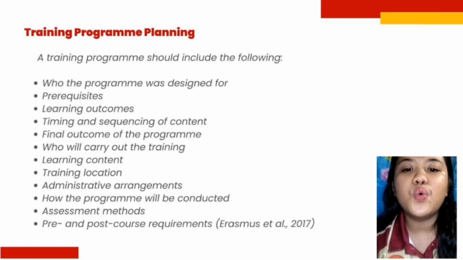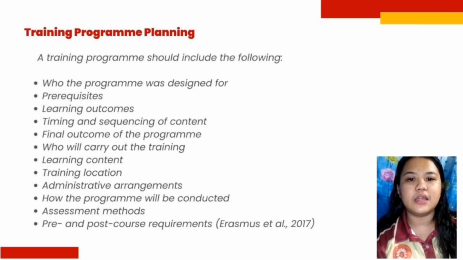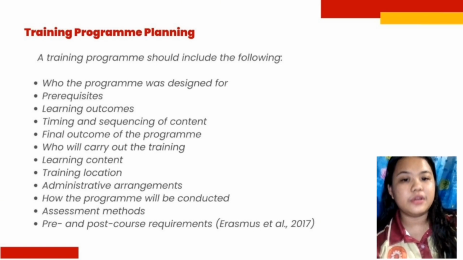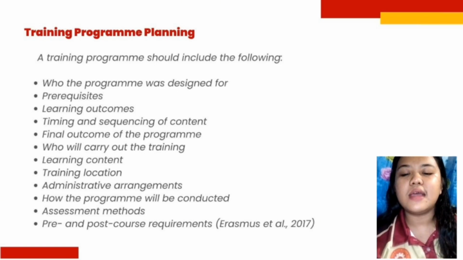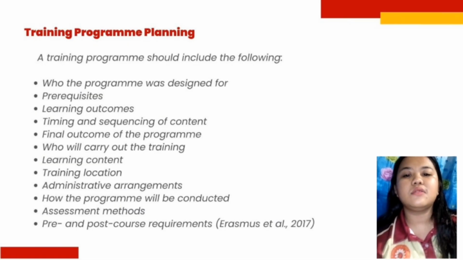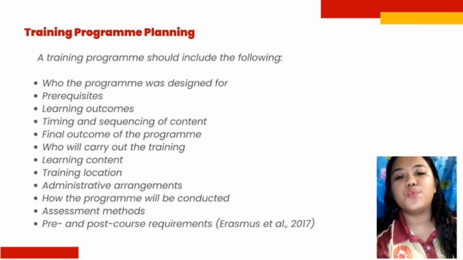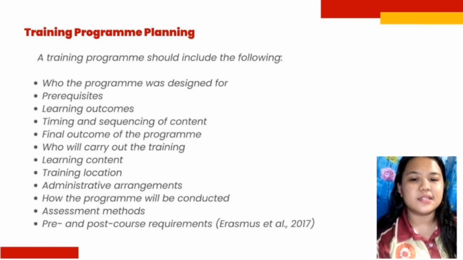Six is who will carry out the training, the trainer or the facilitator responsible for delivering it. Then, seven is learning content, the knowledge, skills, and attitude to be covered. So, we need that to strategize.